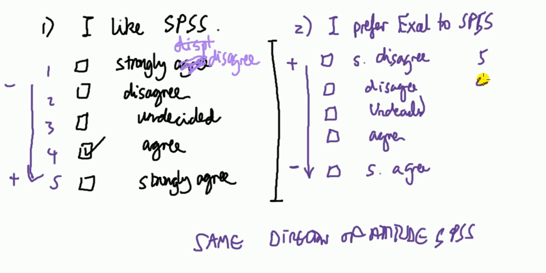So it's going to be 5, 4, 3, 2, 1. And the way you enter this is the same as for the other question. So in this case, if somebody ticks this one, it's coded 1. A low number means that they have the lowest positive attitude to SPSS, judged by this question.